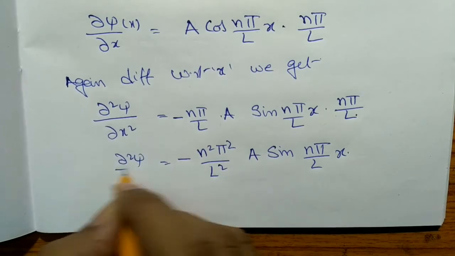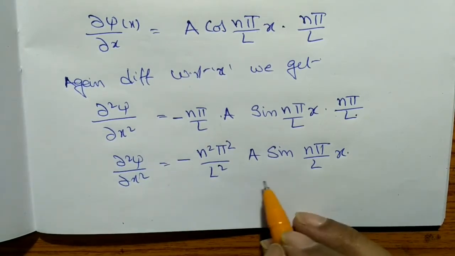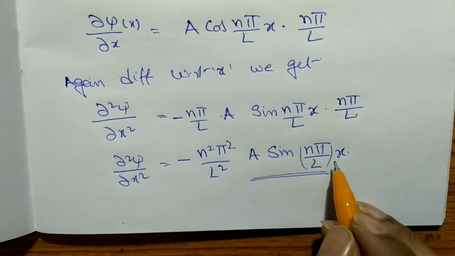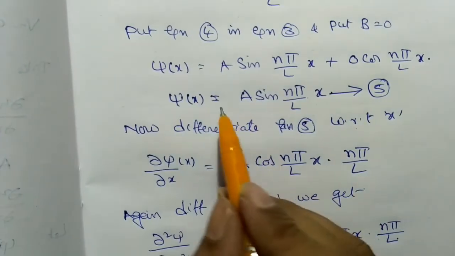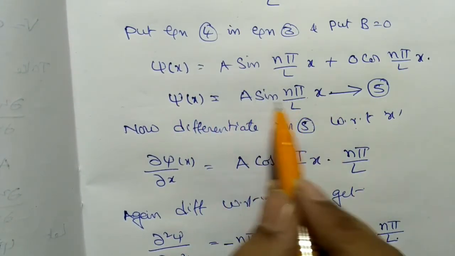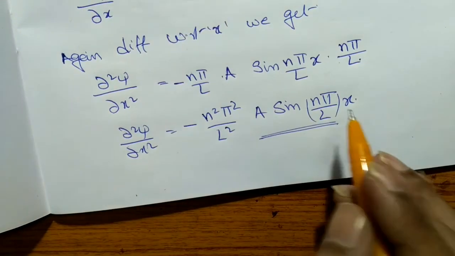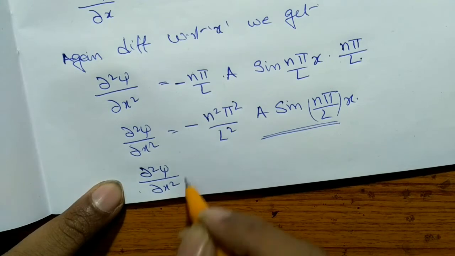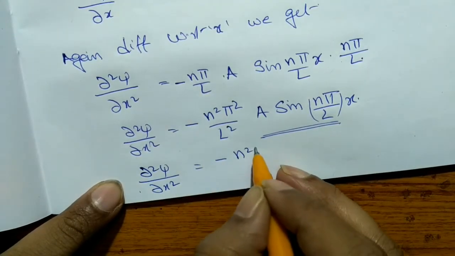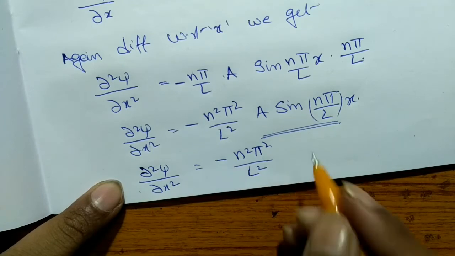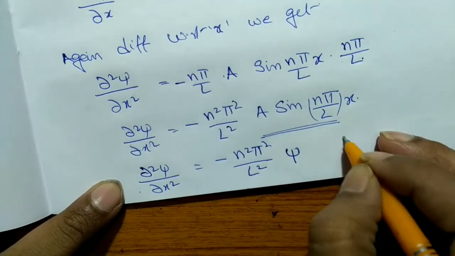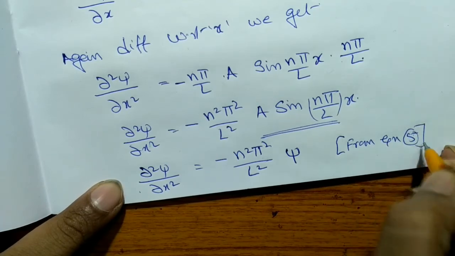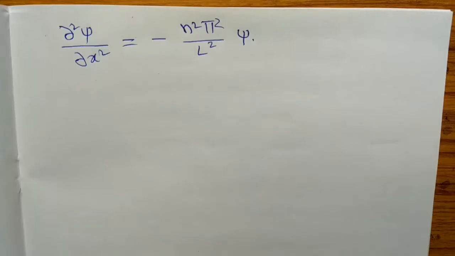But a sin n pi by L into x gives psi of x, from equation 5. So dou square psi by dou x square is equal to minus n square pi square by L square into psi.